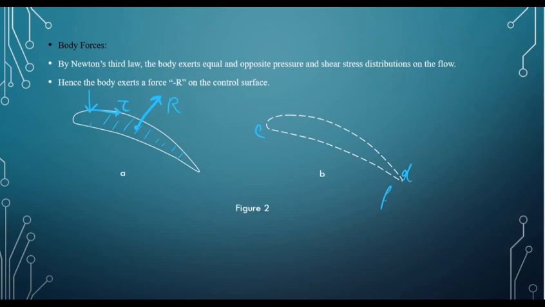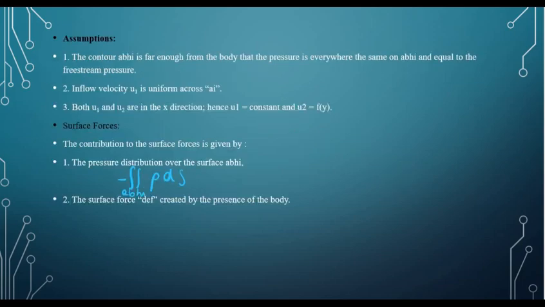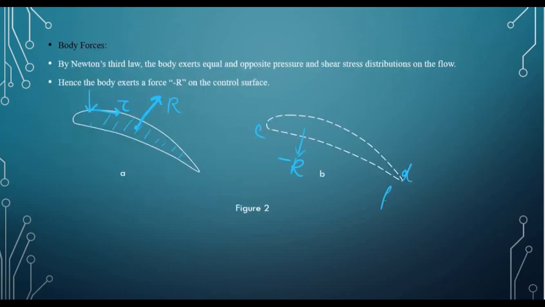Because this is giving a resultant force R, what is happening to the force on the control surface? As we said, by Newton's third law, equal and opposite pressure and shear stress distributions are being given. So that equal and opposite reaction would be found on this control surface, and that becomes my minus R. We have the surface forces.